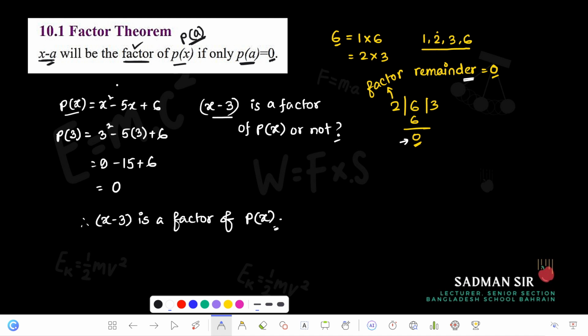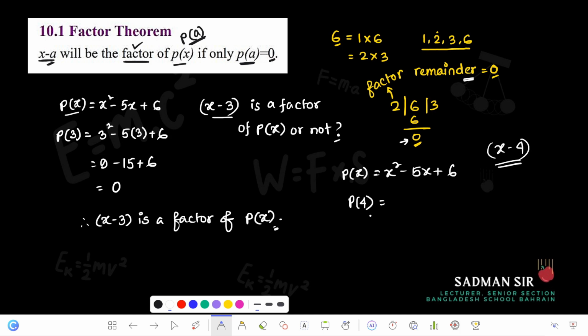So this actually involves the remainder theorem also, right? When the remainder is zero, we can say that it is a factor, and if the remainder is not zero, then we will say no, it is not a factor. For example, the same polynomial p of x, x square minus 5x plus 6. Let us say we are dividing by x minus 4.